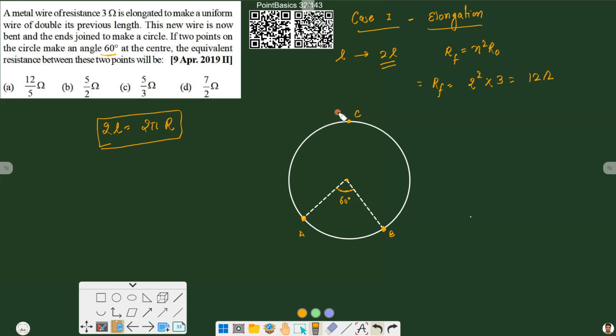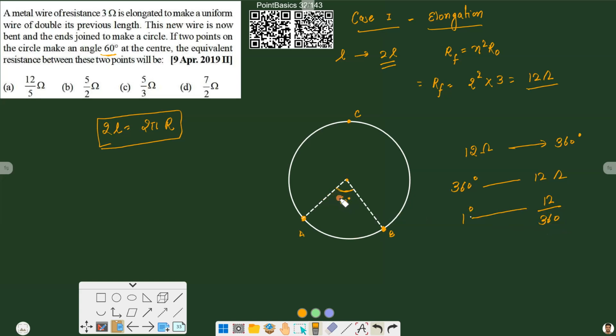So now the total resistance of this circle wire is 12 ohm, and we are only taking a 60-degree portion of this wire. So we can say that 360 degree of angle covers 12 ohm of resistance, and 1 degree will cover 12 by 360 ohm.